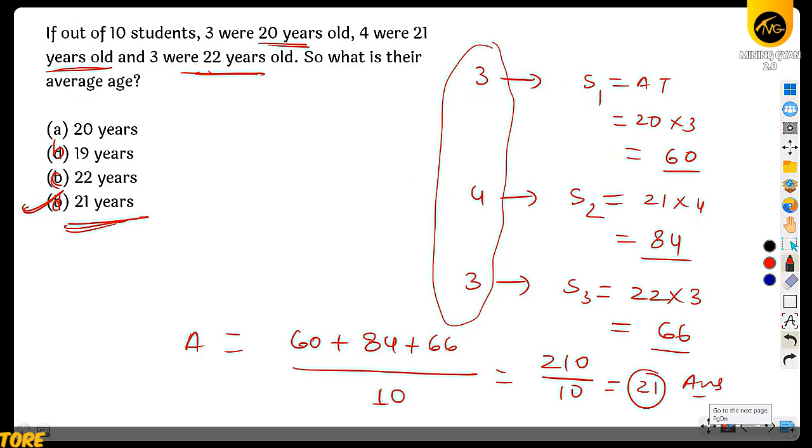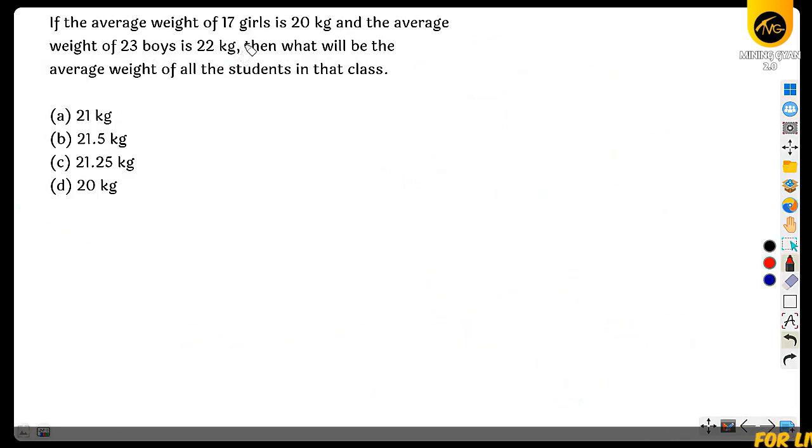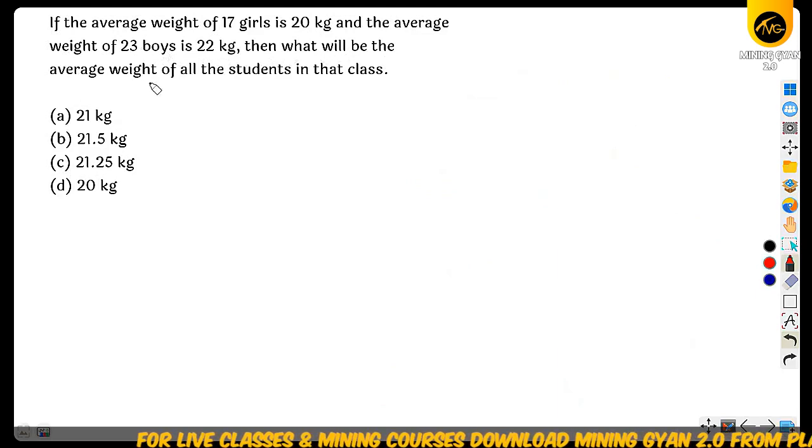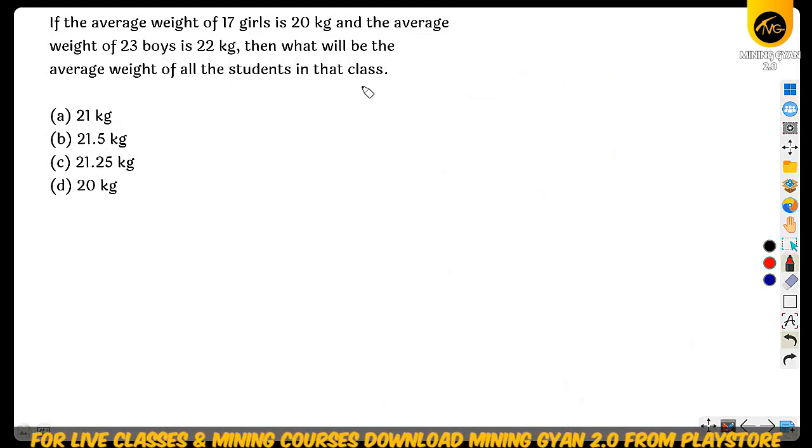It's totally on you. Now, if the average weight of 17 girls is 20 kg and the average weight of 23 boys is 22 kg, then what will be the average weight of all the students in the class? The average weight of 17 girls is 20 kg, correct?